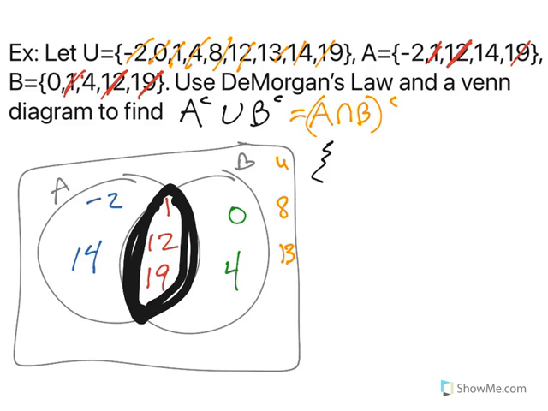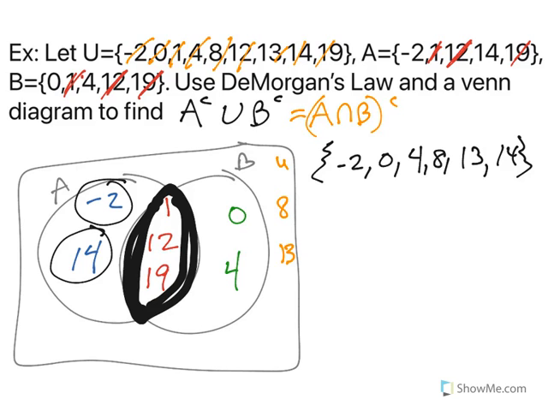So the complement of A and B is going to be -2, 0, 4, 8, 13, and 14. I just put them in numerical order, but it's -2, 0, 4, 8, 13, and 14.